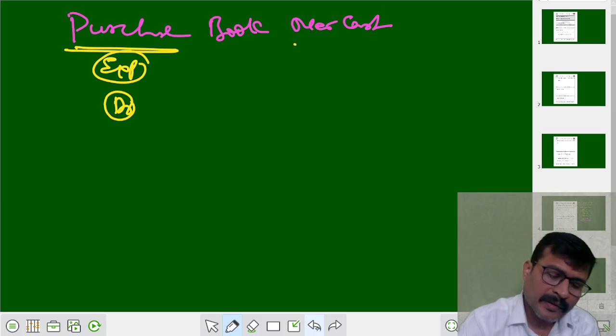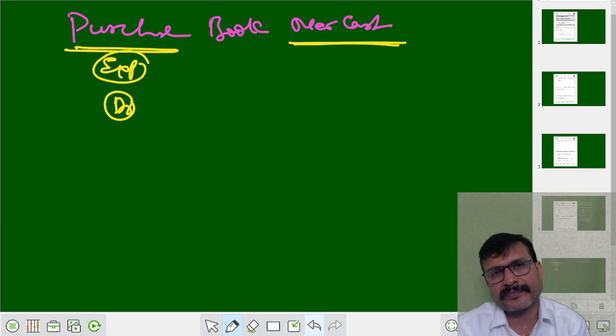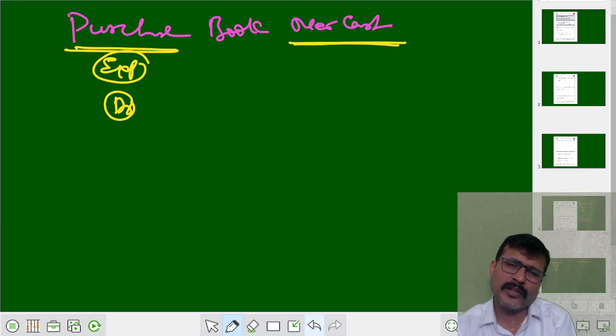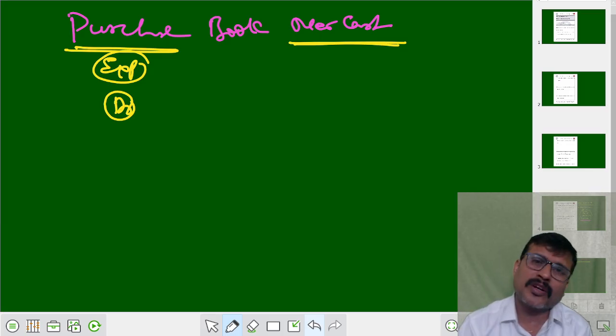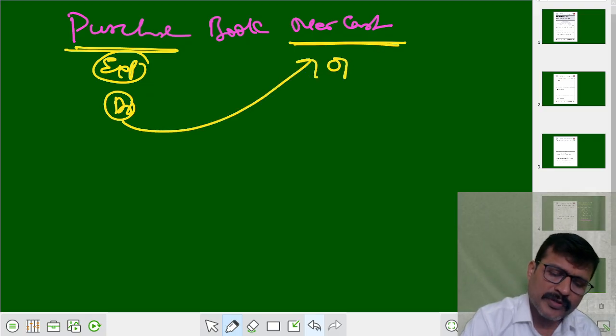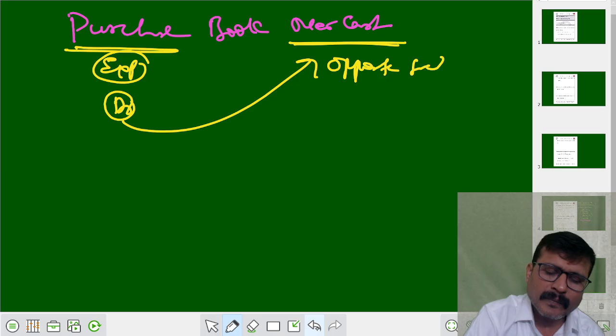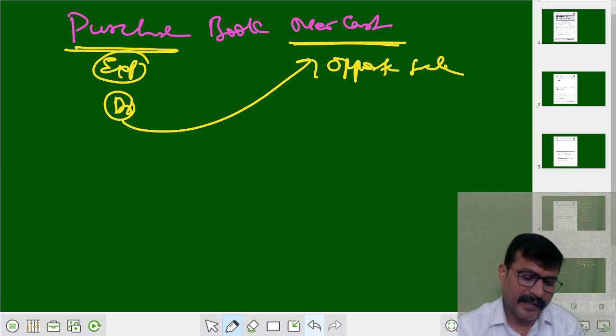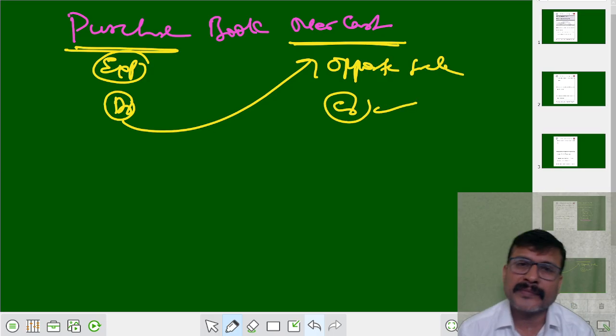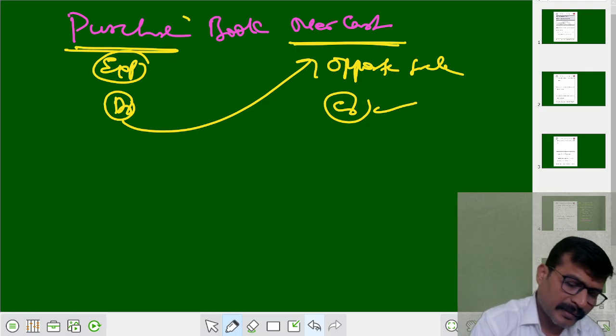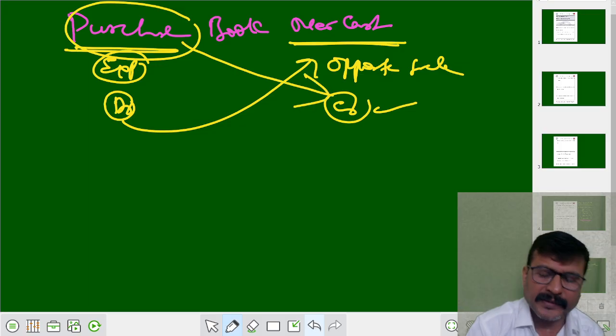Debit side. When it is over cost, what is the thing that you have learnt in the BRS chapter? When it is over cost, we have to take it on the opposite side. Opposite side means where to take? Credit side. Which one on the credit side? Purchase book on the credit side.